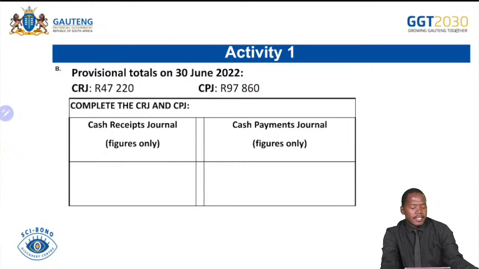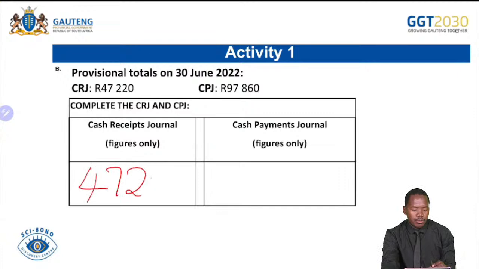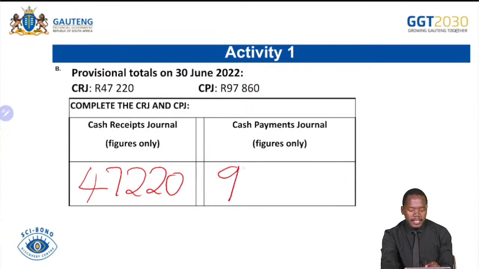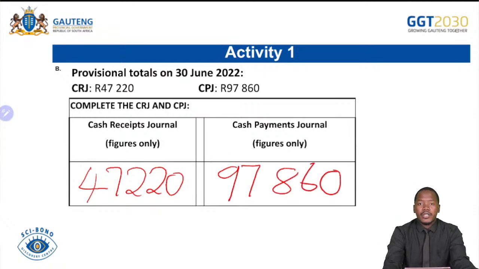Now, it means that on CRJ, it's 47,220. It will be given to you. And then for CPJ, it's 97,860. This is your starting point. Now, moving forward.